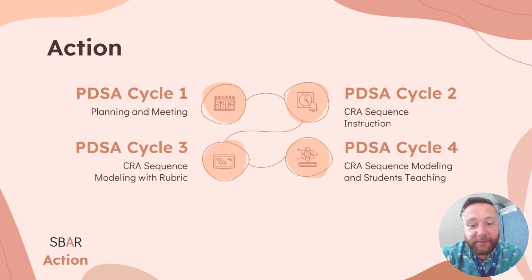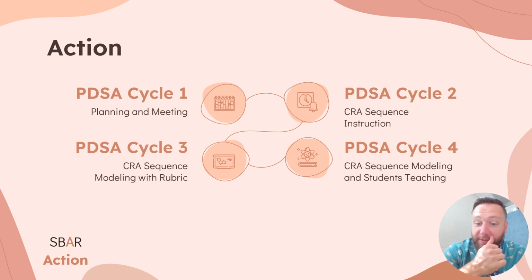And then cycle 4, still continuing to use the CRA sequence modeling, and then having students start to really teach those lessons instead of me teaching them, and me just going off of the rubric and making sure they're checking off the boxes to really show their understanding at this point.